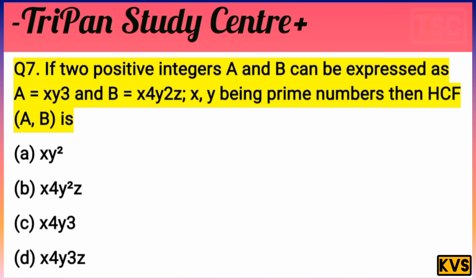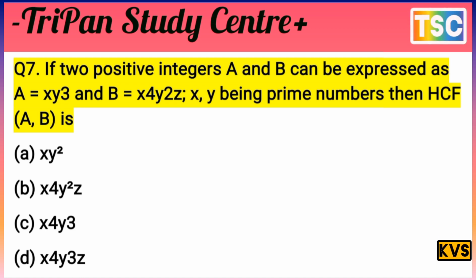That's important to remember. But first of all, test your knowledge. I give you a few seconds to solve this question. You must have a thought of your answer. Let's see what the answer is.